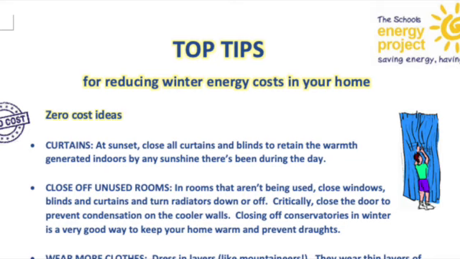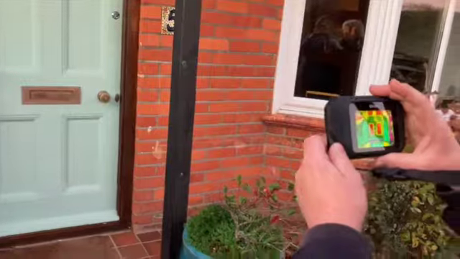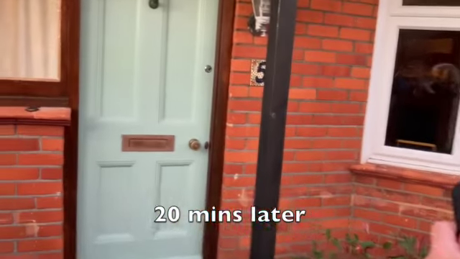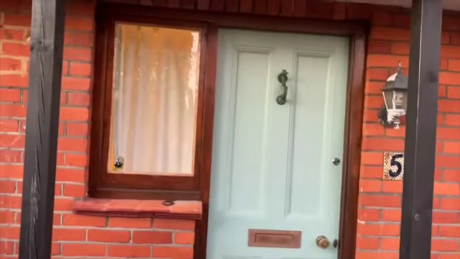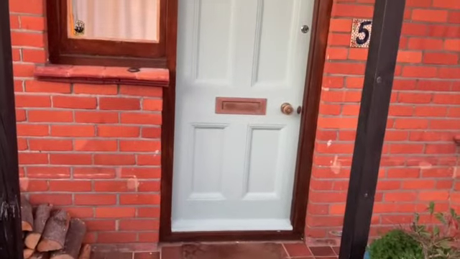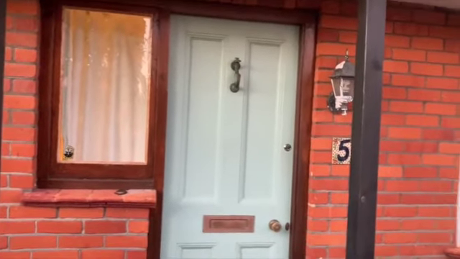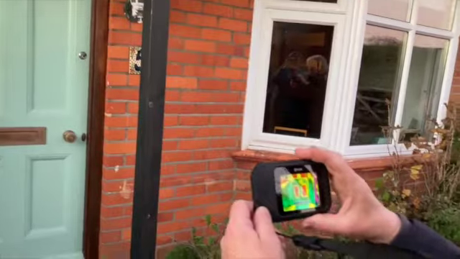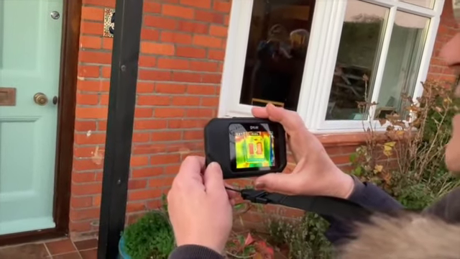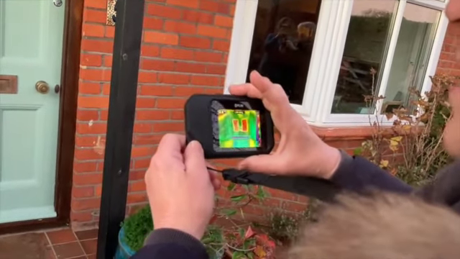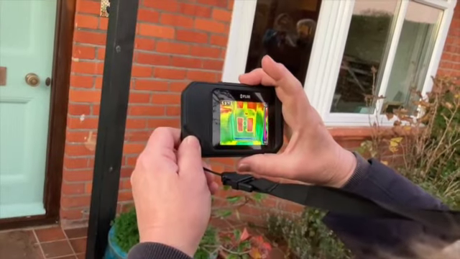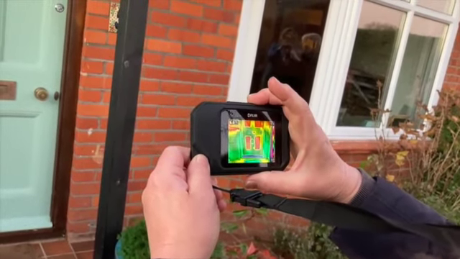Now, let's go back to the householder's drafty front door we were looking at earlier. Now we're looking at the outside of the front door again after the draft excluder roll and the heavy curtain across the door have been in place for about 15 to 20 minutes. This has allowed the temperatures to settle, and we can now see that middle panel that was about 6.6 is now around 6.